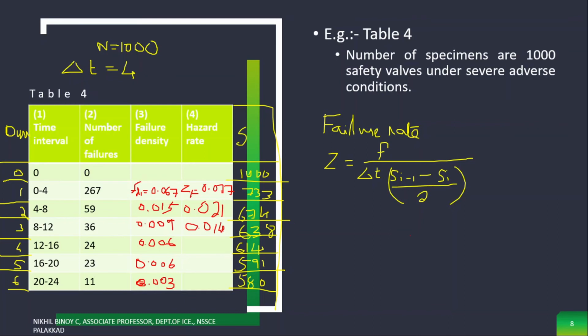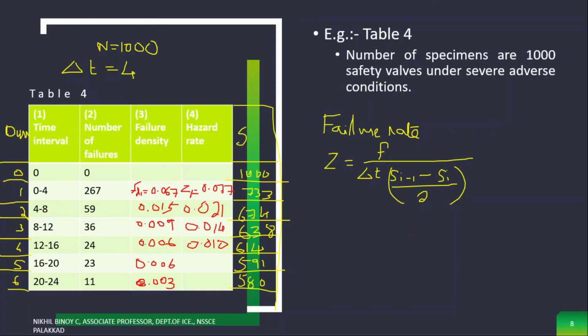Now after the fourth duration, number of failure is 24 divided by 4 into number of survival before the fourth duration is 638 plus number of survival after the fourth duration is 640 divided by 2, that is 0.009584. So we can write it as 0.010 after rounding.